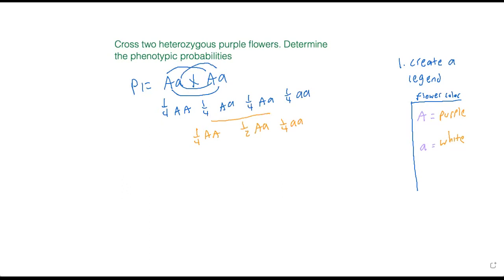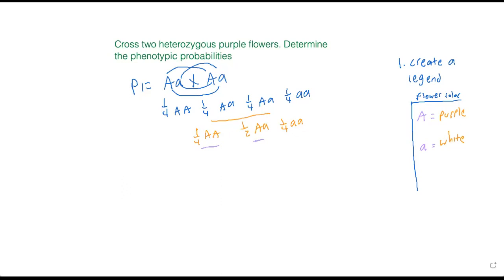Now, even though there's 3 possible genotypes, there's only 2 possible phenotypes, right? Purple or white. Now, if you recall, with dominant and recessive inheritance, as long as one dominant allele is inherited, that offspring will express the dominant phenotype. So we have here 2 genotype combinations that have at least one dominant allele.